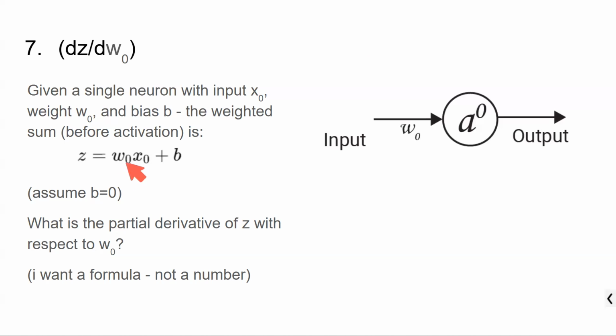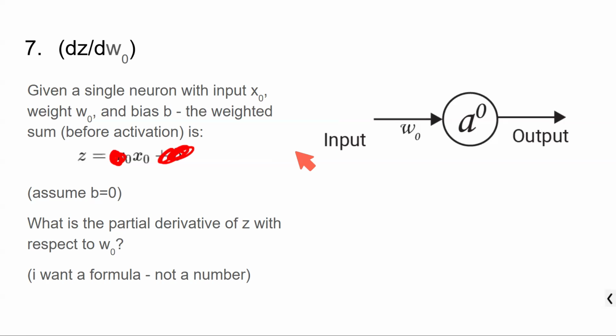Normally we would have said the derivative was this guy, but when we look at it in the opposite plane, it turns out the derivative just took this guy out. So our partial derivative with respect to W0 is actually X0. It's the input. It's the score on the test.